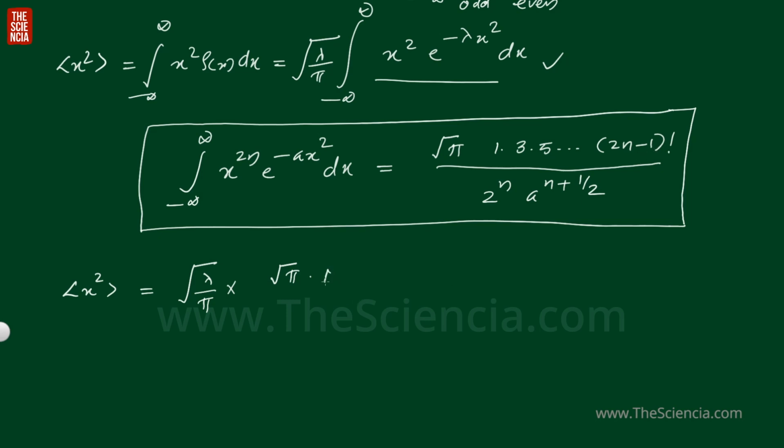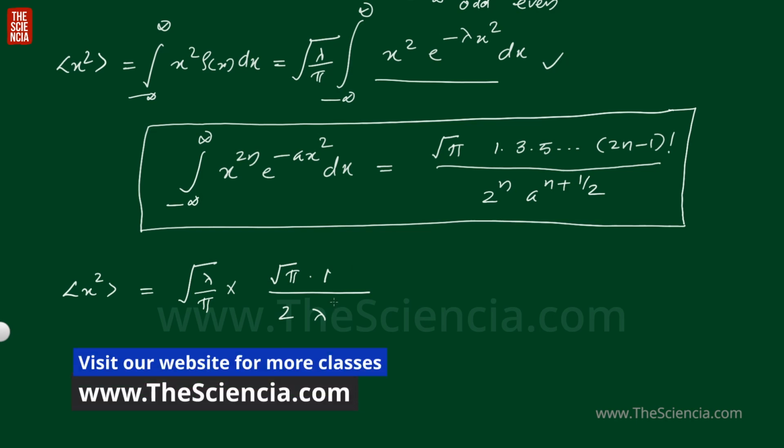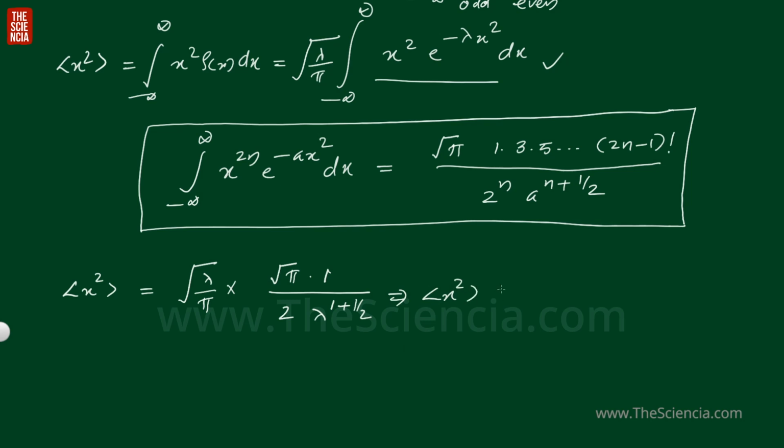So this is only 1 by 2 raised to 1, that is 2. Here in the position of a, lambda is given, so lambda raised to n plus half. Here n is equal to 1, plus half. So we get the expectation value of x squared, and here root pi and root pi cancel. So finally we get 1 by 2 lambda.